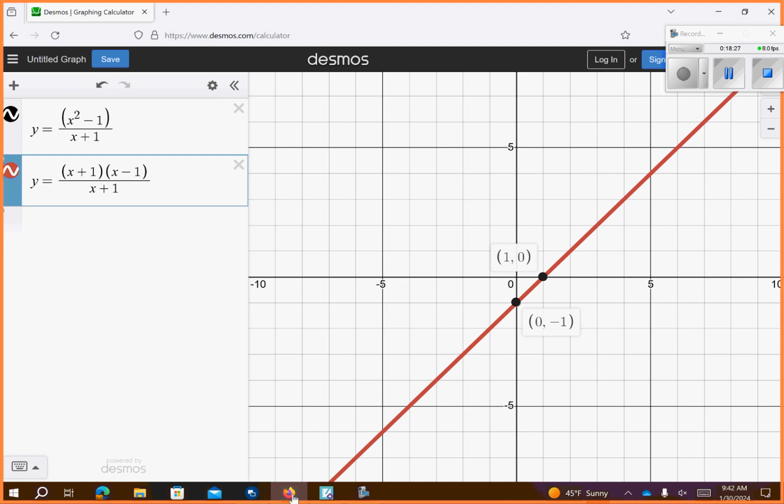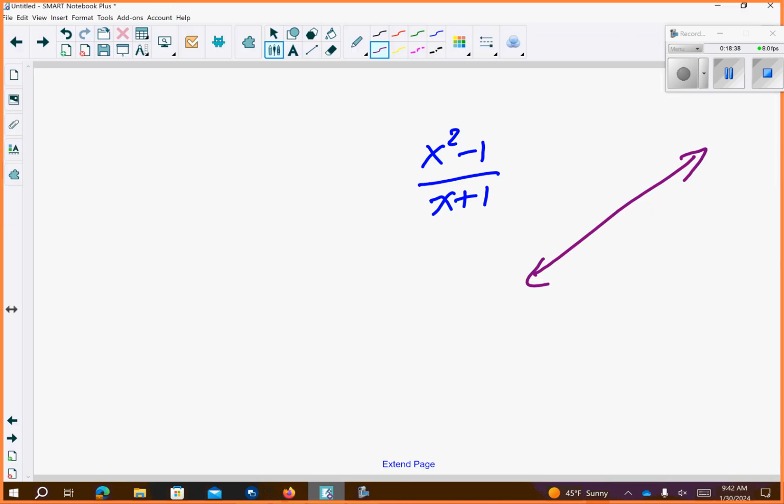Go to number 12, please. So this is probably the only spot where Desmos isn't going to work nicely for us. They tell us we have an equation of this and a slope of this.